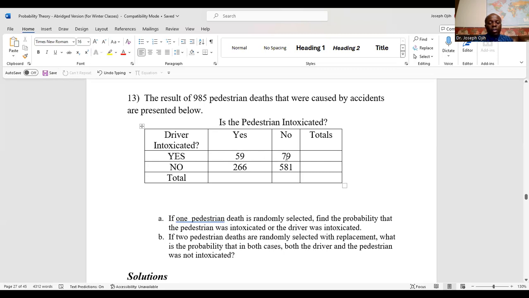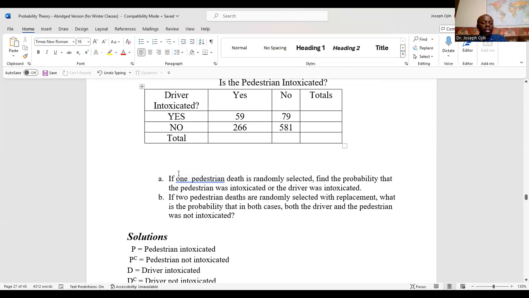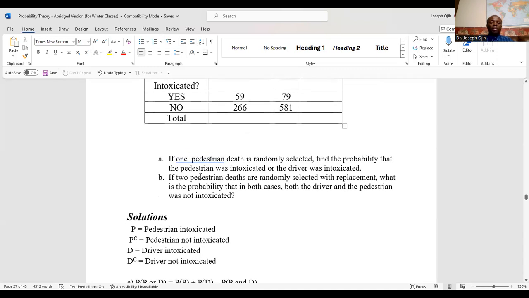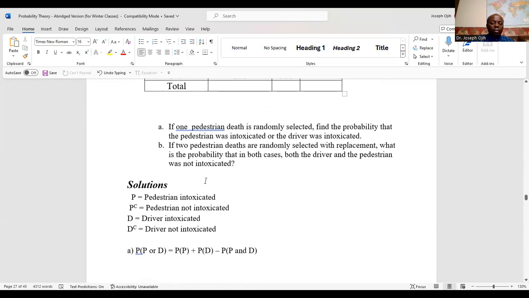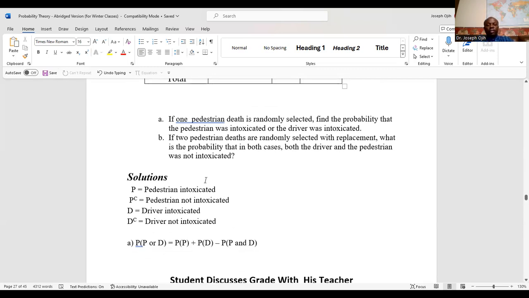Part A says, if one pedestrian death is randomly selected, find the probability that the pedestrian was intoxicated or the driver was intoxicated. Part B says, if two pedestrian deaths are randomly selected with replacement, what is the probability that in both cases, both the driver and the pedestrian were intoxicated?